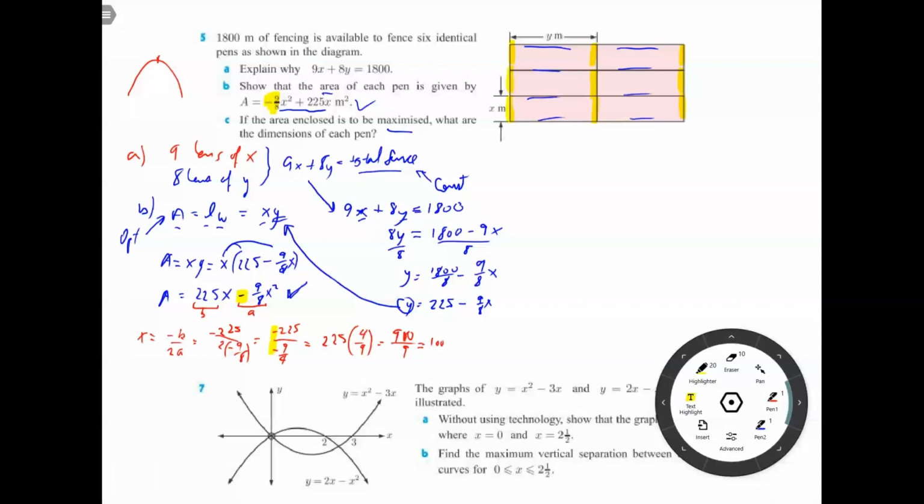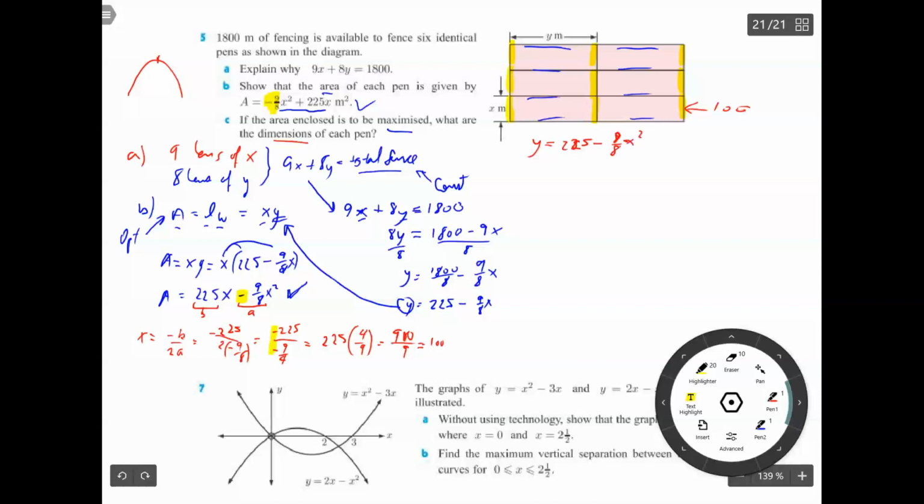And they want to know the dimensions of each pen. So how would we find the dimension? We're saying that the yellow dimension is 100. What is the blue dimension? Remember, we have an expression for that. It's y equals 225 minus 9/8 x.